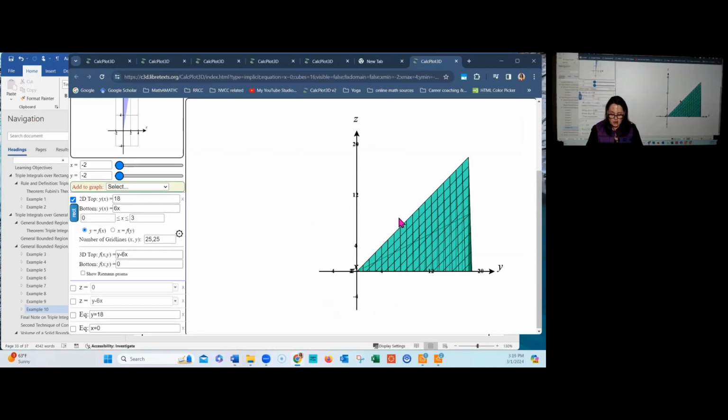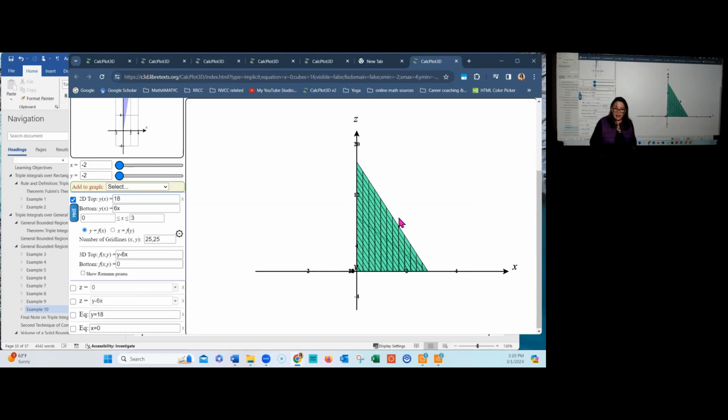So we hold down Alt and hit X, and now you can see that I have z represented as a function of x, and this is the projection into the xz plane. You can tell that on the bottom, z is starting at 0, and on the top, we have a line which is connecting our value of z equal 18 at the top with some value down here at the bottom when z equals 0.